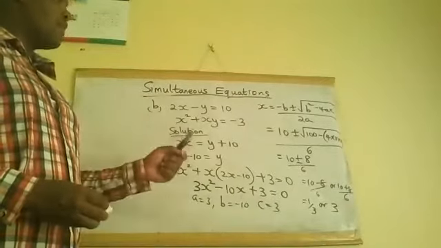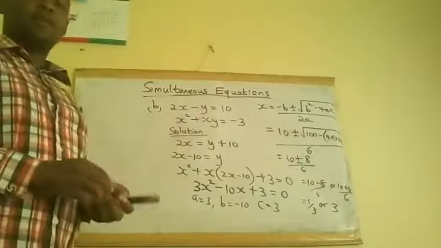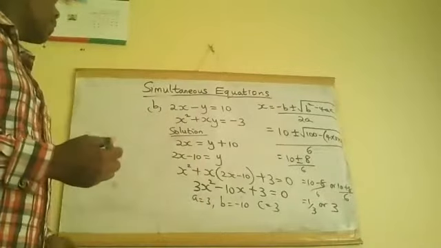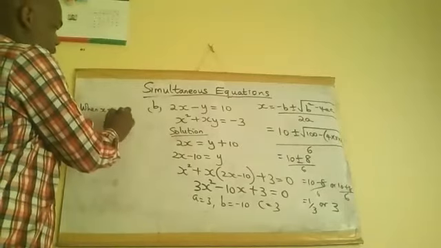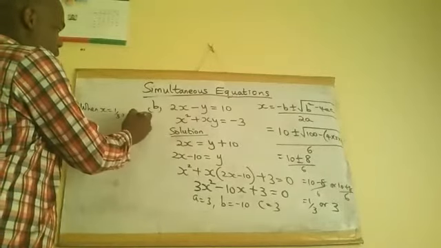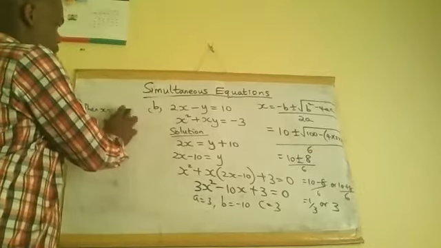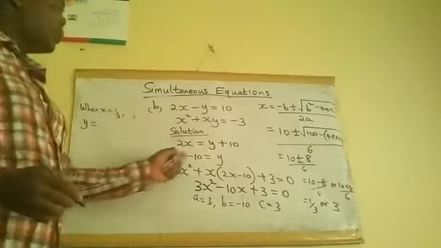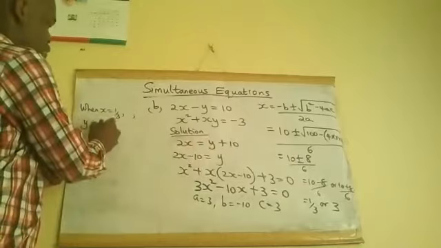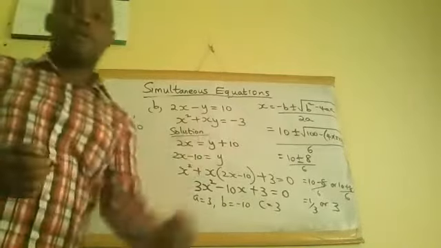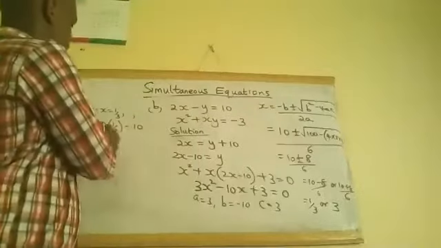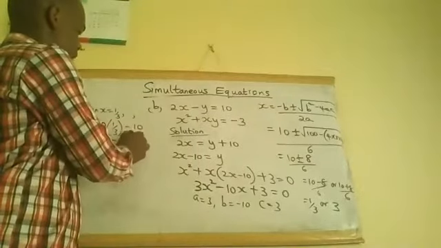And then after that, you ask yourself, if x is a third or 3, what is y? So you come here and say that when x is a third, y will be 2x minus 10. So this is 2 into a third minus 10. And actually, 2 over 3 minus 10 is negative 9 and a third.